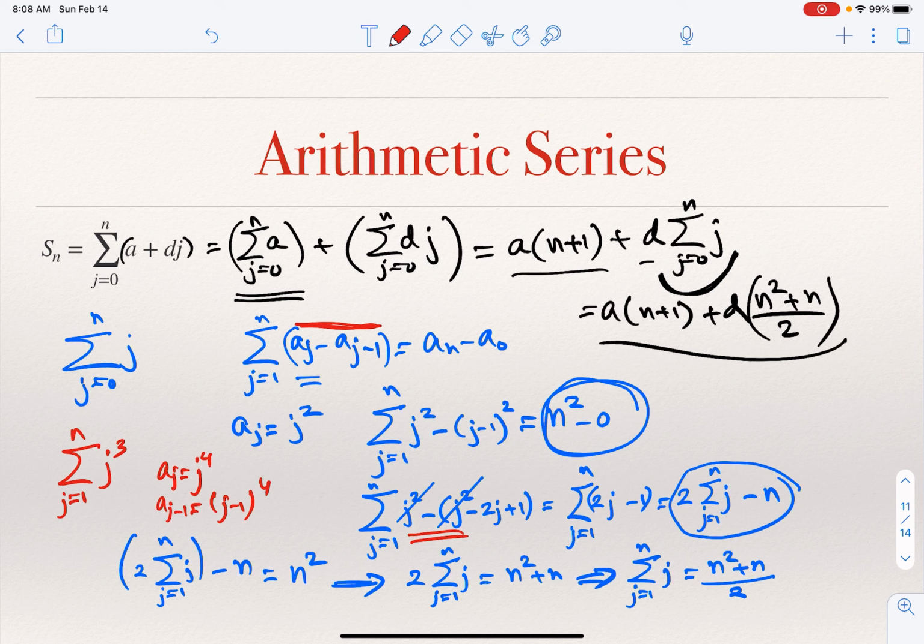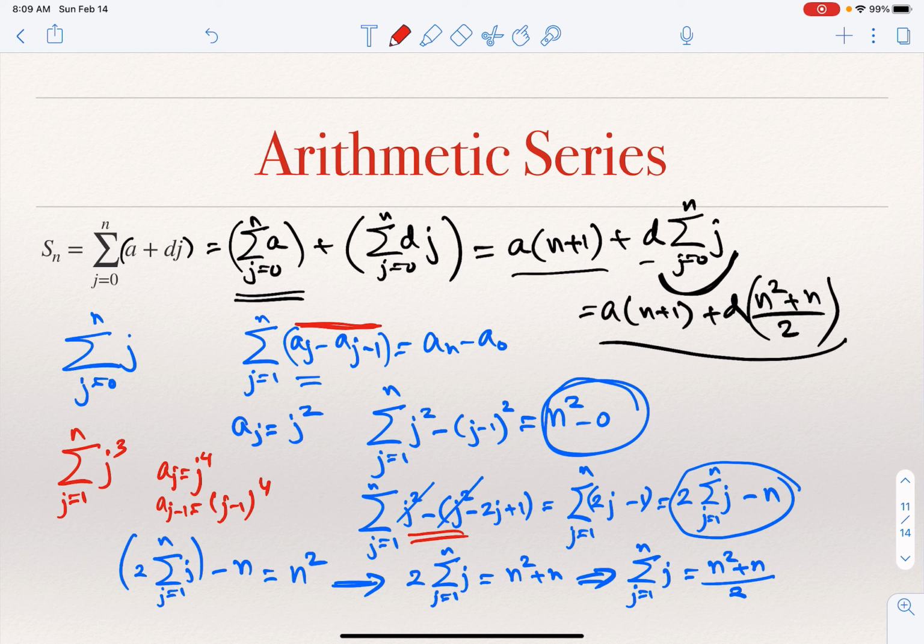You will be left with a term that has j cubed, it will have j squared, it will have j, and so on. So using this technique, you already know what's the sum of j's. You can use the same thing to compute the sum of j squared, and so on. Okay, so this is how we would use the telescoping sum to find the series or the sum of terms from the arithmetic progression.